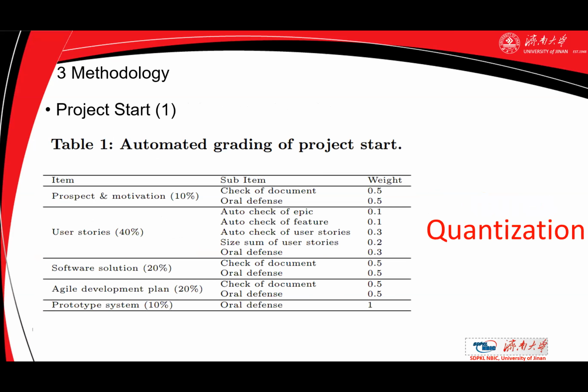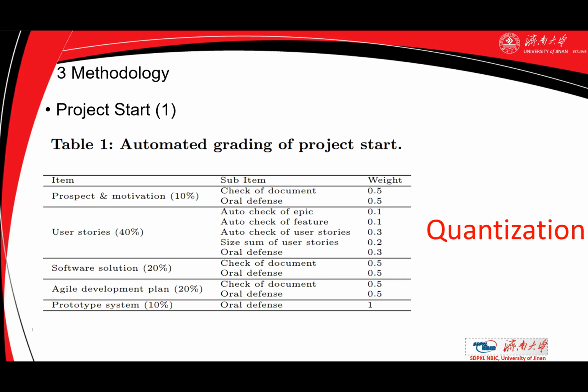We quantize all checkpoints. Each checkpoint has a weight in terms of importance. As shown in this table, the proportion of checkpoints in project start is 10%, 40%, 20%, 20%, and 10%.